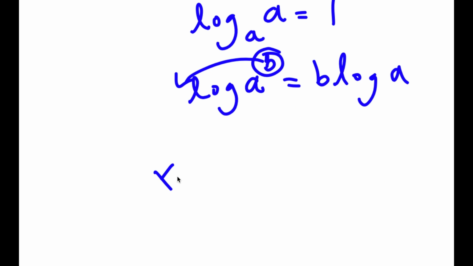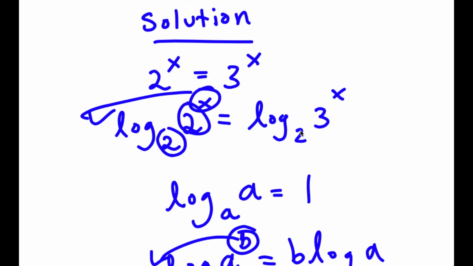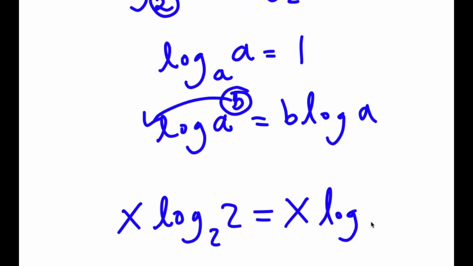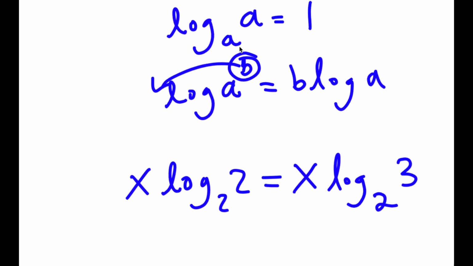So now I have x times log base 2 of 2 is equal to, I'm going to do the same thing over here, log base 2 of 3 to the power of x. I can move x to the front here. So now I have this is equal to x times log base 2 of 3. Now remember, if I have something in the form log base a of a, this is equal to 1.